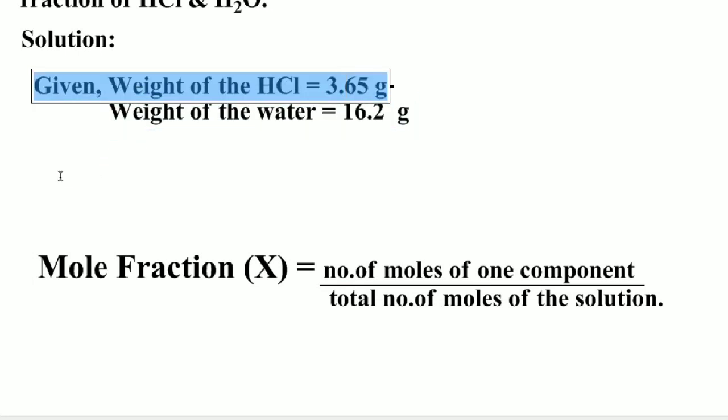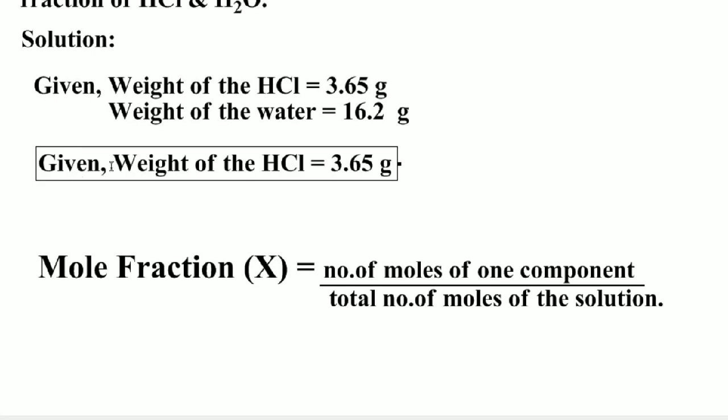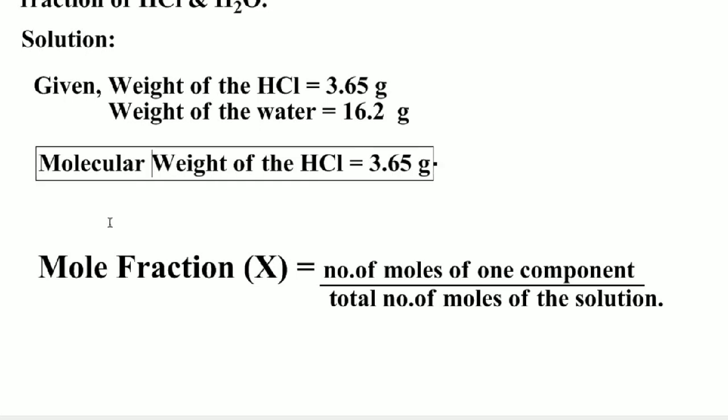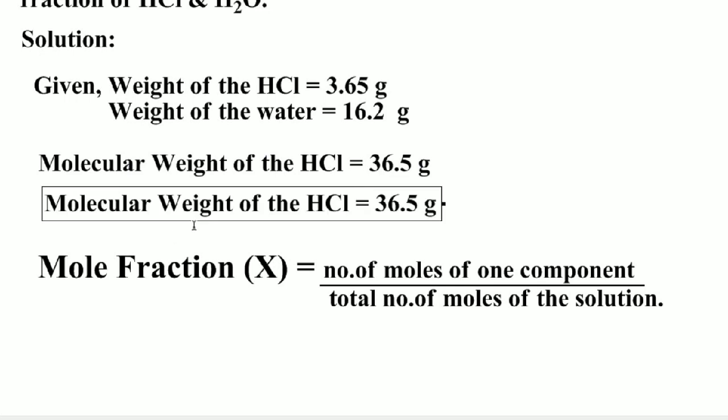So students, we know the molecular weight or molecular mass of HCl. Therefore, the molecular weight of HCl is equal to 36.5 grams per mole. Similarly, we know the molecular weight of water, 18 grams per mole.